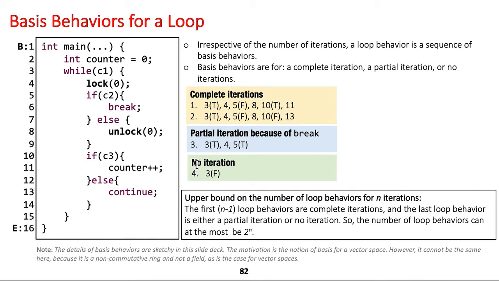So for the last iteration, there are two possibilities, either the partial iteration or no iteration. So if we have n iterations of the loop, we have 2 to the n possibilities. So even for just n equal to 50, the number of possibilities can be enormously large. The idea of basis behaviors comes from the notion of basis for vector spaces.